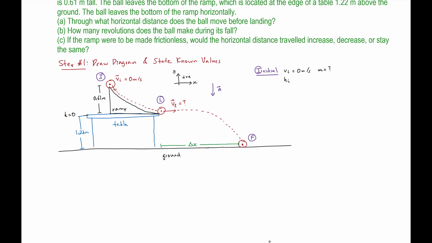The initial height is 0.61 meters for our ball. In the launch stage, we have VL being an unknown amount, but we do have HL being 0 meters.